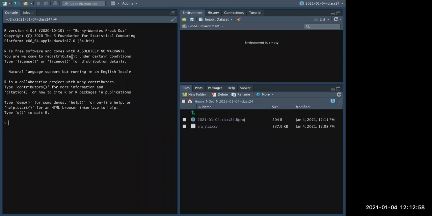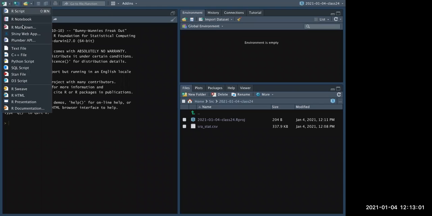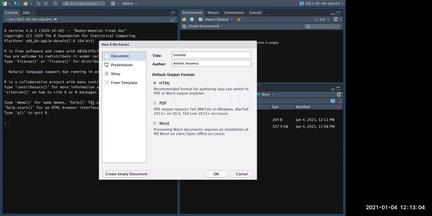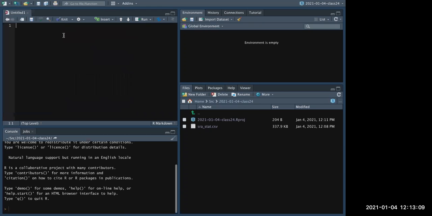Then we will make a document to store everything and we'll say R Markdown and I will say create empty document. That is the easy way, so we don't get any dirty things. So here we say title, practice class 24 and author, you put your name, date, January 4, 2021.